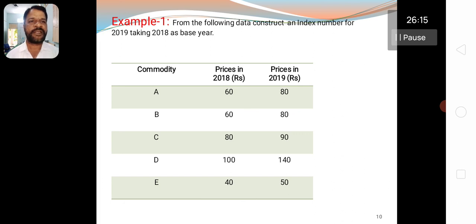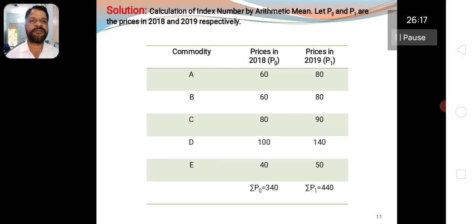Now go for taking the sum. First indicate what P1 is and what P0 is. 2019 is the current year, indicated as P1, and 2018 is indicated as P0, the prices of the base year and the prices of the current year.